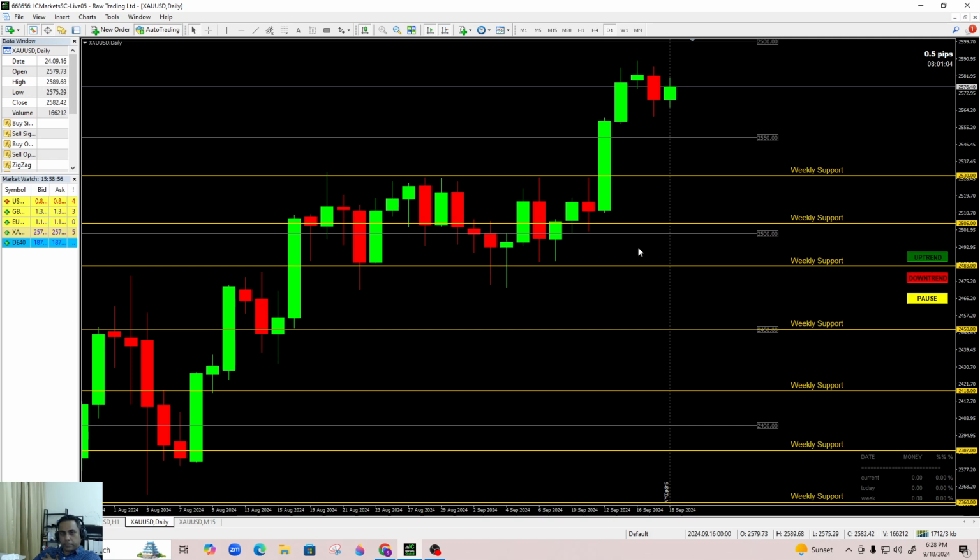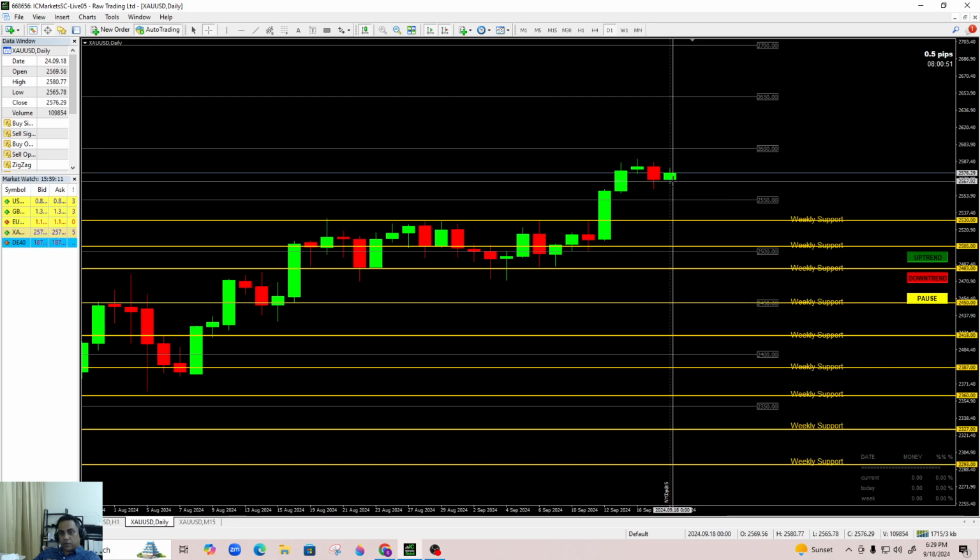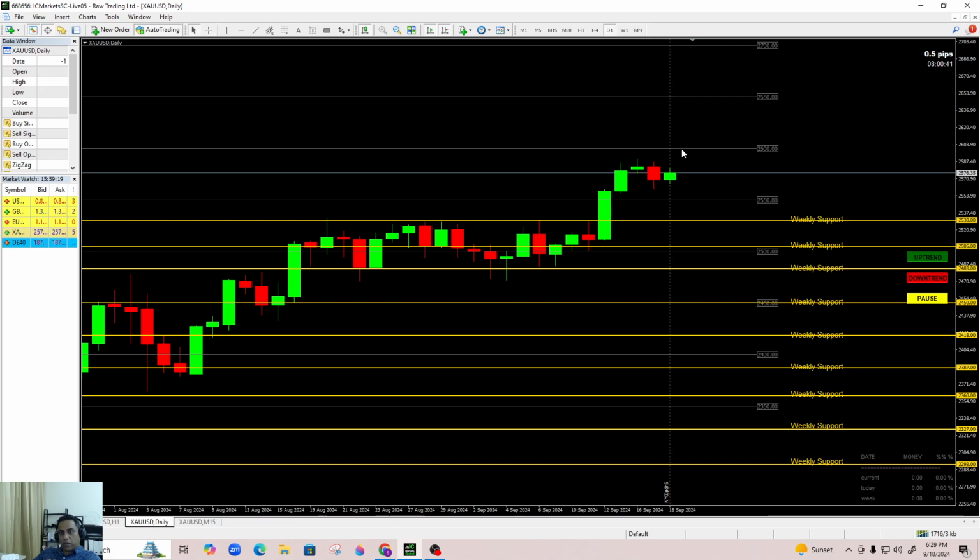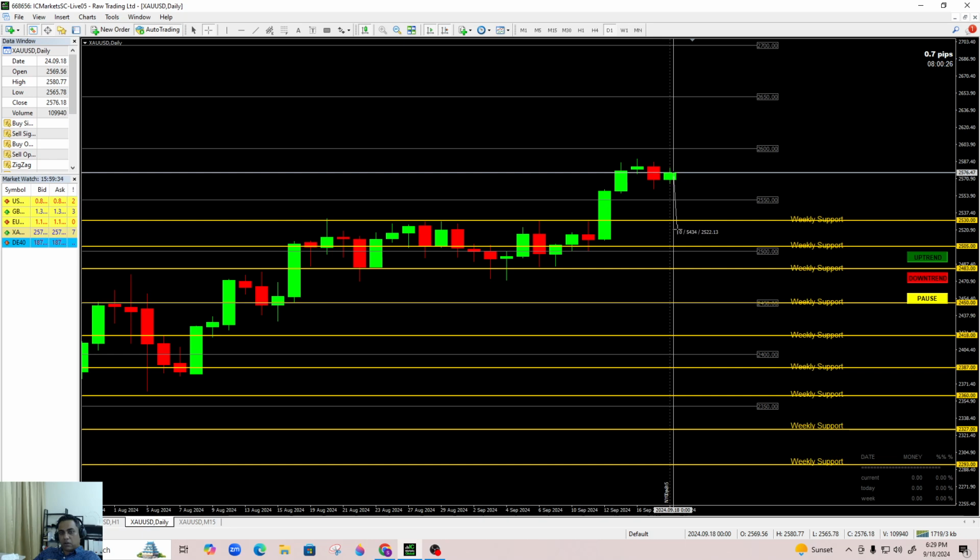It's a daily. Still not enough structure here. Thursday, Friday are going to have a lot more structure, because today we're going to either have a big bullish candle going up, 500 pips, 600 pips, go touch 2600 and close above it, or they're going to respect the resistance, respect 2600 and close bearish, and go down another 500 pips.